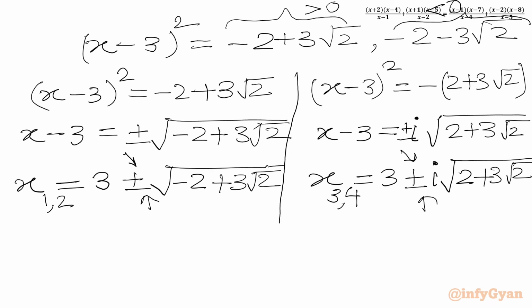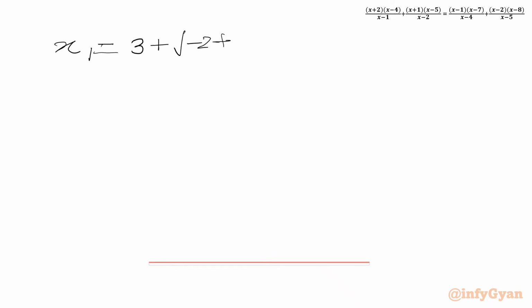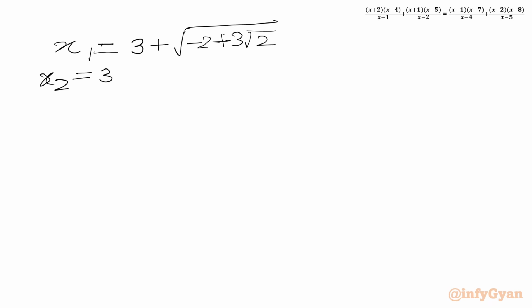So in total there are 4 solutions. Out of 4, 2 are real and the remaining 2 are complex. So if I write my final answers, x1 equal to 3 plus square root of minus 2 plus 3 root 2, first real solution. x2, 3 minus square root of minus 2 plus 3 root 2.